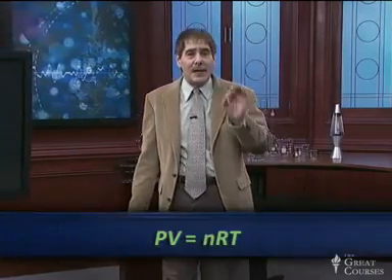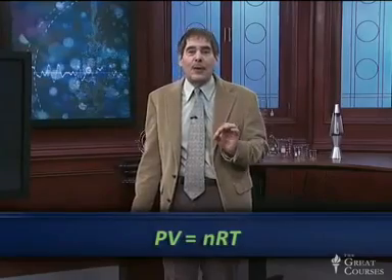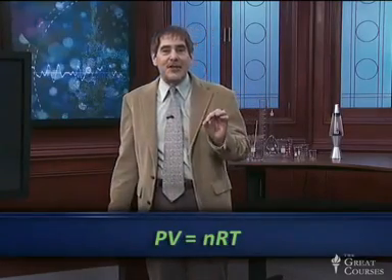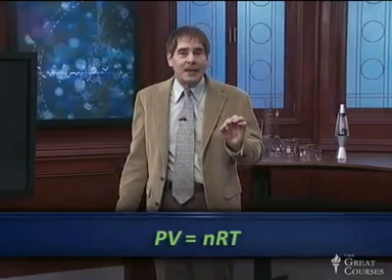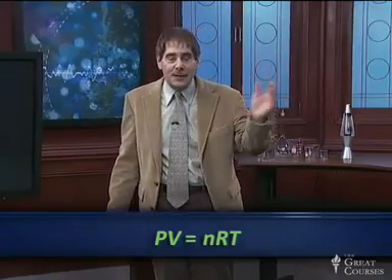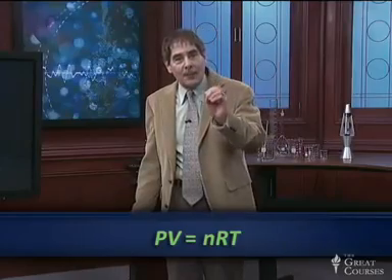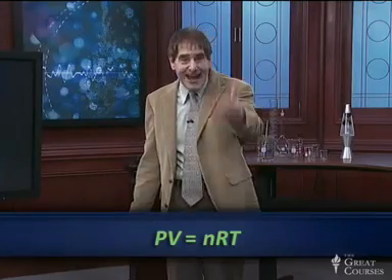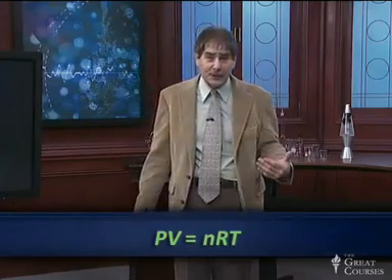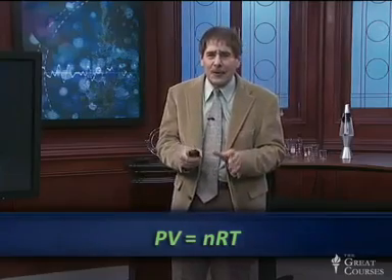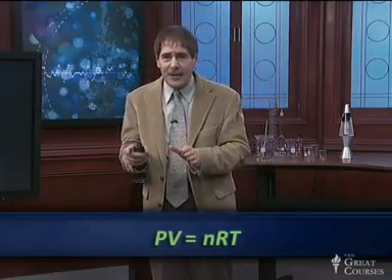By the way, if you've had a chemistry course in particular, you may have seen the ideal gas law written PV equals nRT with a lowercase n. That lowercase n is the number of moles of the gas, a mole being 6 something times 10 to the 23 molecules, and R being a gas constant, which is analogous to Boltzmann's constant, but expressed in terms of moles. Chemists kind of prefer to write the ideal gas law as nRT on the right-hand side.